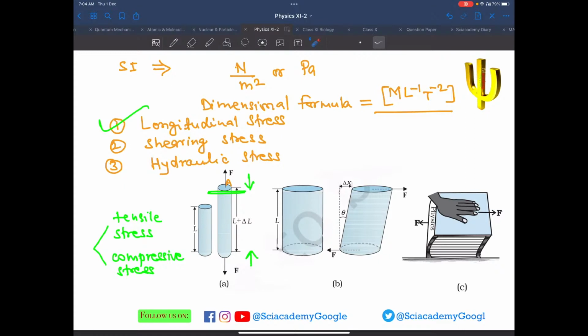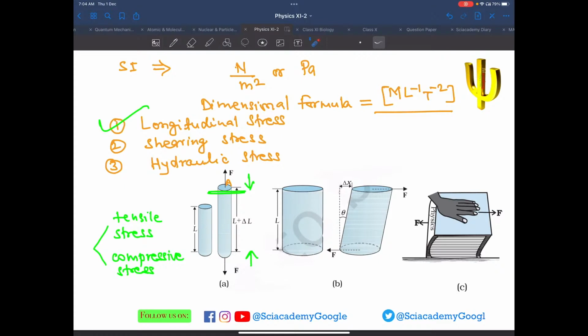Friends, you know that when we are applying the force on a particular body, then this force will change its shape or size.